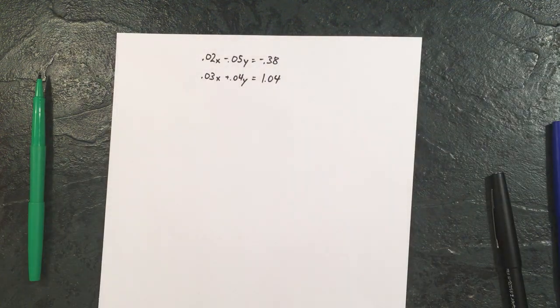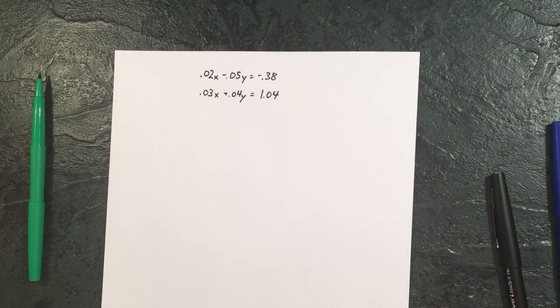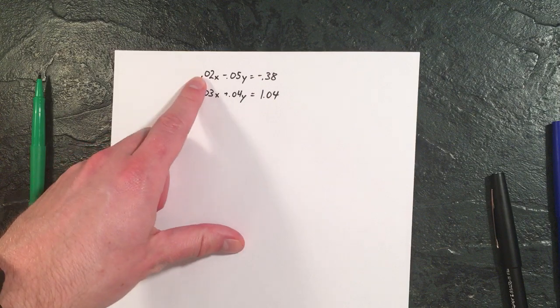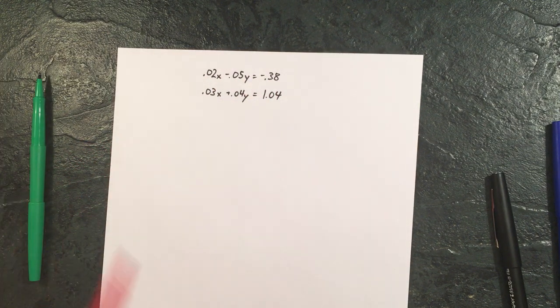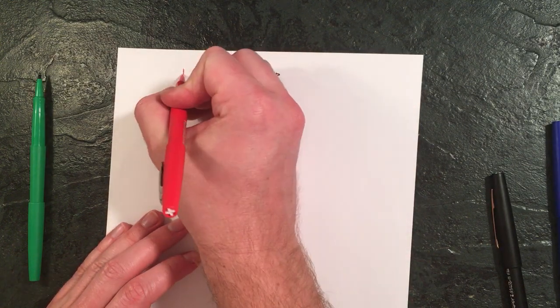Right, and I think the last one we're going to be looking at here, all of a sudden we're throwing decimals into the mix. Yeah, no one wants decimals there. So we need to get rid of them. How are we going to get rid of them? Well, if you notice, this is in the hundredths place. So we could multiply literally everything by 100 and see what happens here.